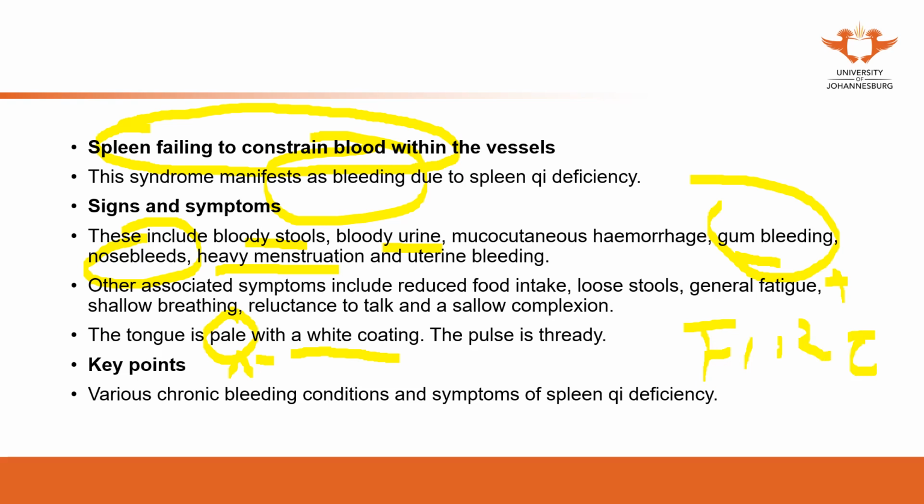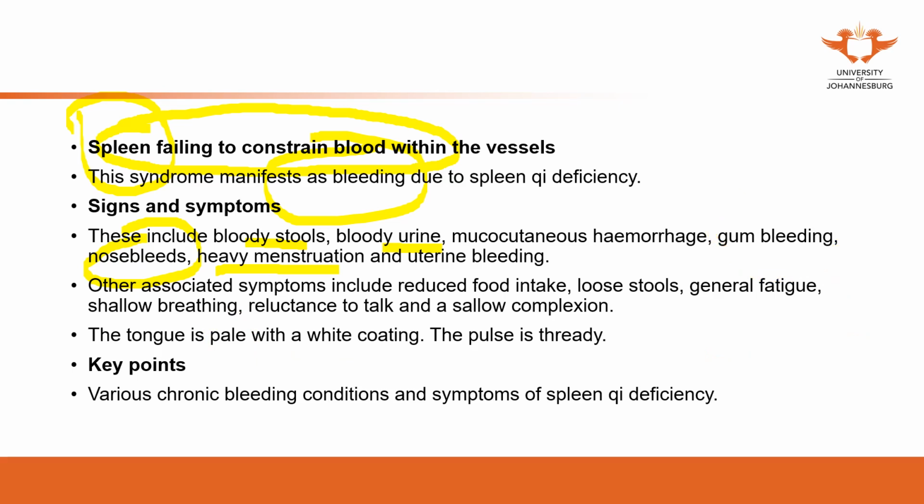So from the spleen, it must present with a pale tongue, because this is also developed from spleen qi deficiency. That's why the patient will present with bleeding, mostly at the lower part of the body, and then present with all these symptoms related to qi deficiency.